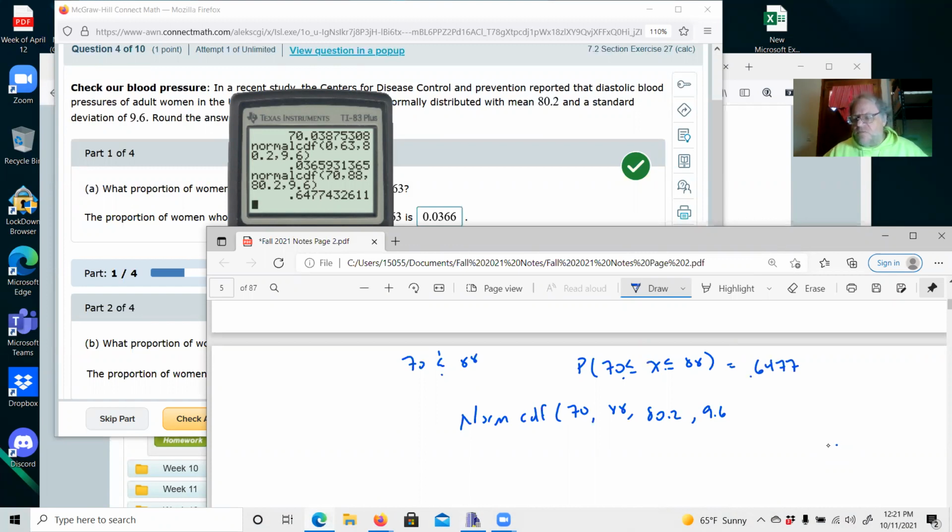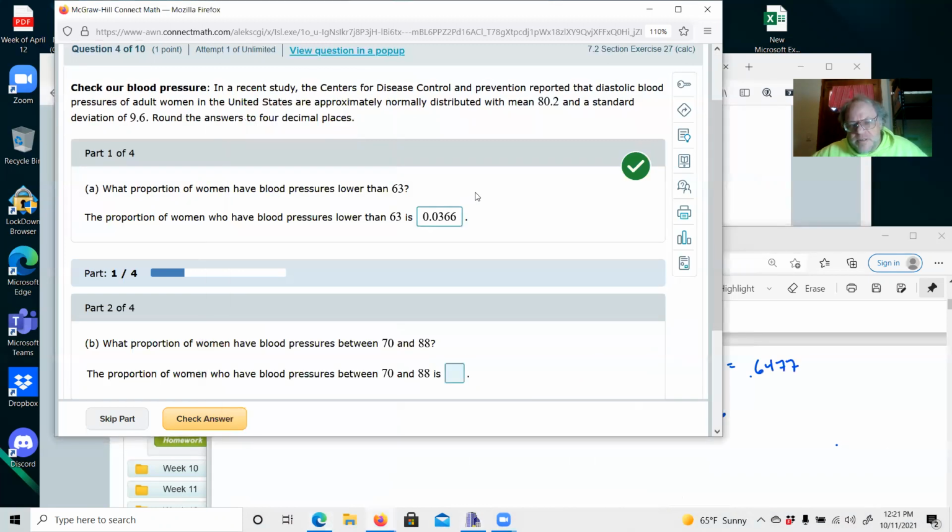So 64, 65-ish% have that. I said 70, so I was a bit off in the wrong direction here, but that's okay. It's still in the ballpark. The empirical rule is not meant to give you precise answers.